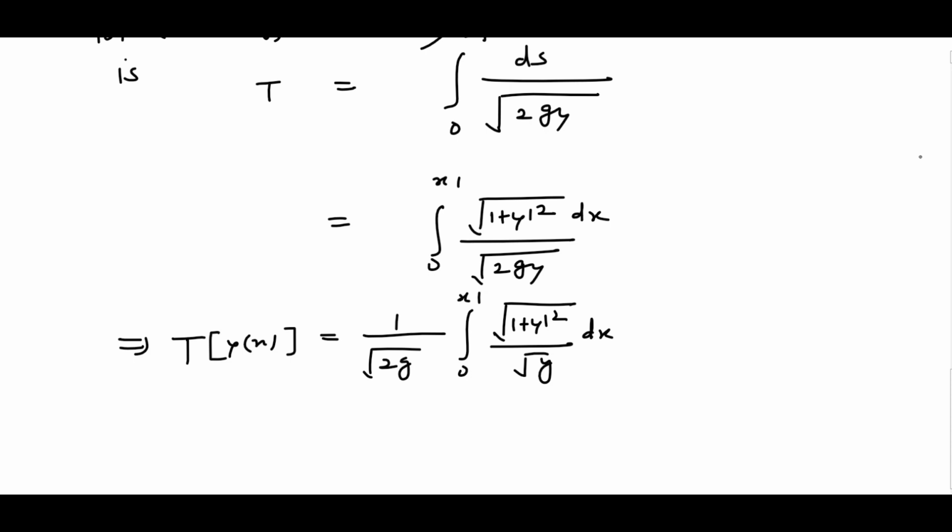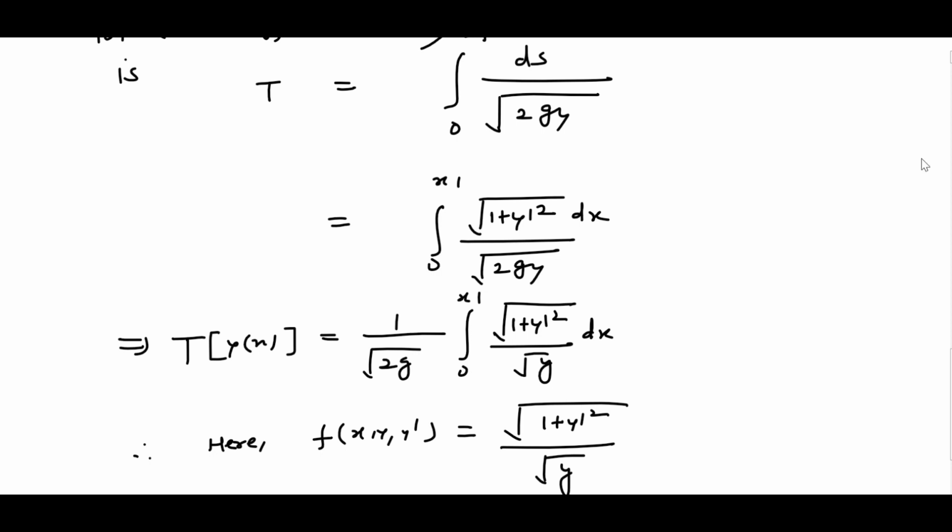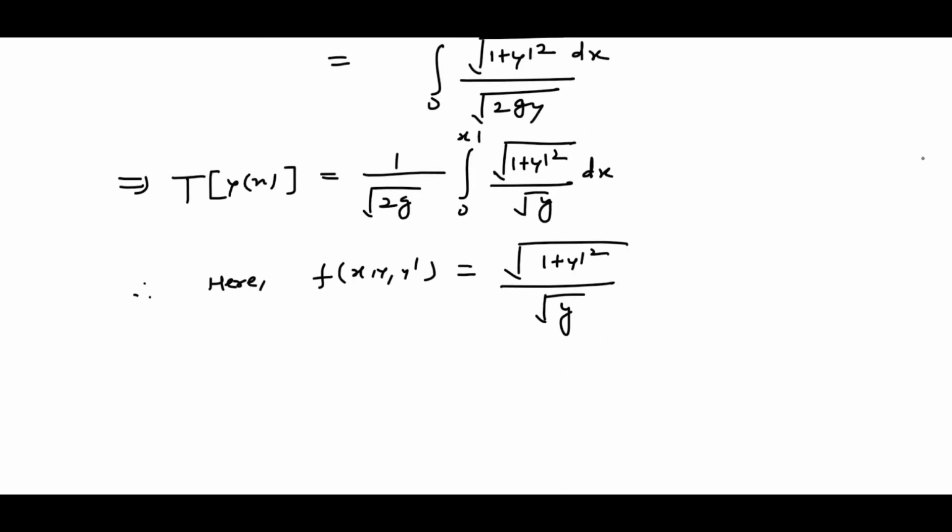So by comparing we will get the functional f of x comma y dash is equal to the square root of 1 plus y dash whole square over square root of y. And here our boundary conditions are y of 0 is equal to 0 and y of x1 is equal to y1.